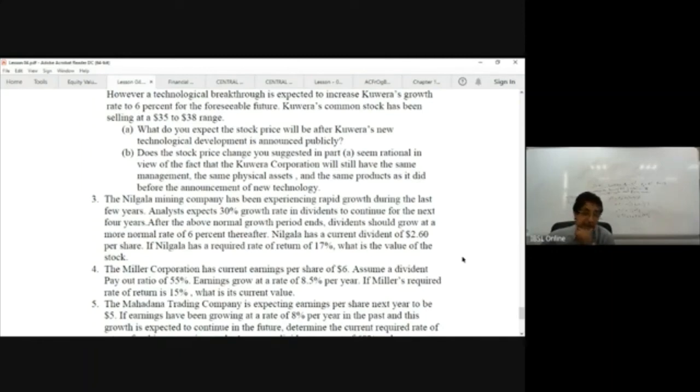In the third year, 260 into 1.3 to the power 3 divided by 1.17 to the power 3. In the fourth year, 260 into 1.30 to the power 4 divided by 1.17 to the power 4.